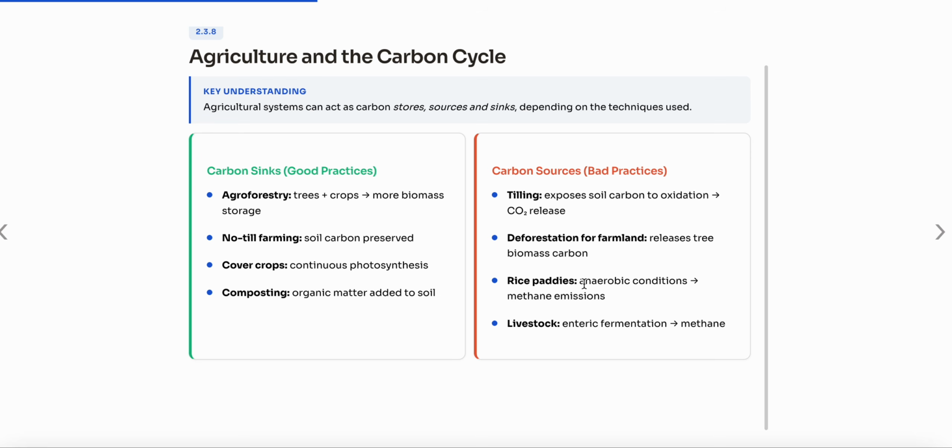So there is the presence of anaerobic bacteria which do respiration, and they will release methane in large amounts. And methane is a greenhouse gas, so that will again increase the global temperature. Livestock farming is also not a good practice because again it will release methane in high concentration.